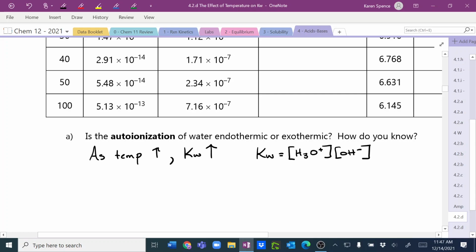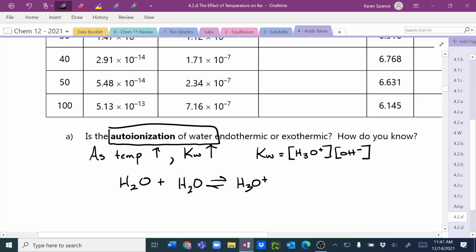We put H2O. And what goes on the right-hand side? If we're going to do the H3O version, we put H2O plus H2O in equilibrium with H3O plus and OH minus.